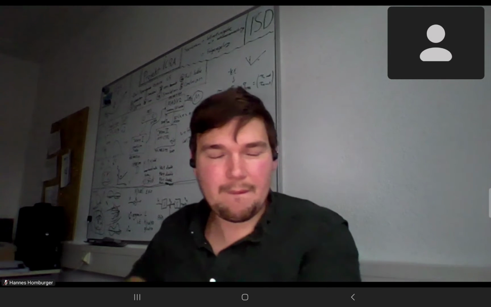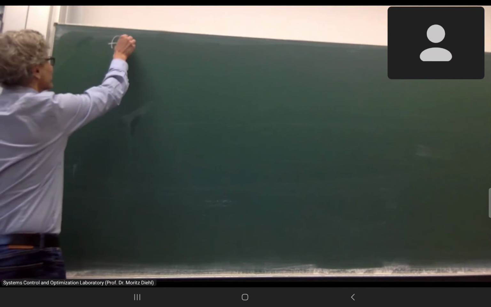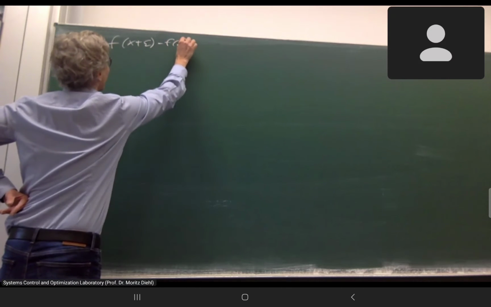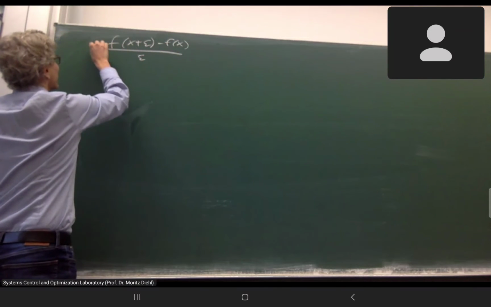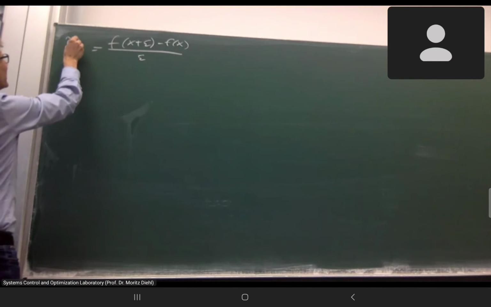So what do we want? We have a function, let's say a scalar function of x to make it simple. It's a bit of improvising. So you have f of x plus epsilon minus f of x, divided by epsilon, and that's the estimate of the derivative, which depends on x.